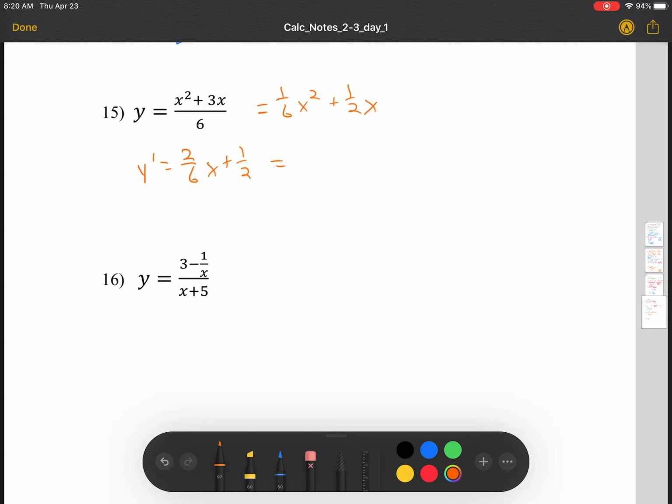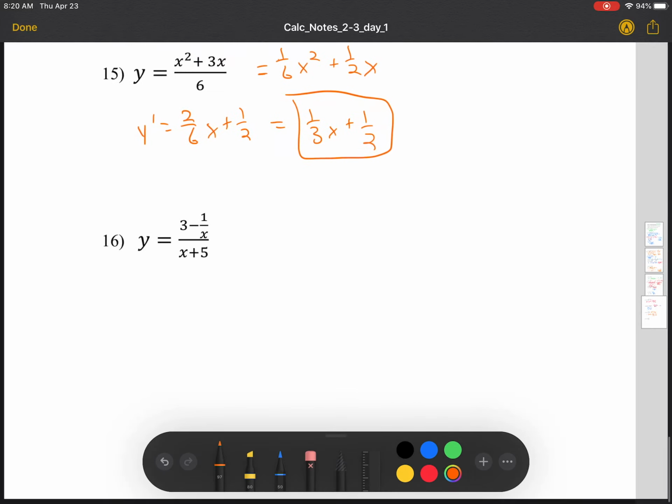So when we take our derivative, our y prime, simplify it one more step. And that's your final answer. Whew. So we're moving on. 16, our last one.